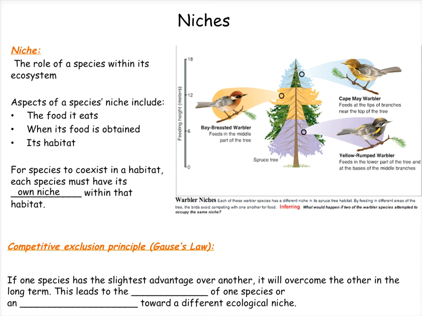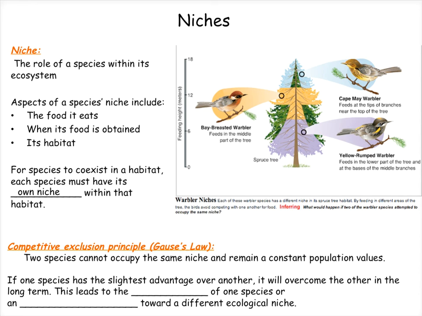These examples are illustrations of the competitive exclusion principle, which is also known as Gauss's law. It states that two organisms cannot occupy the same niche and remain at constant population values.